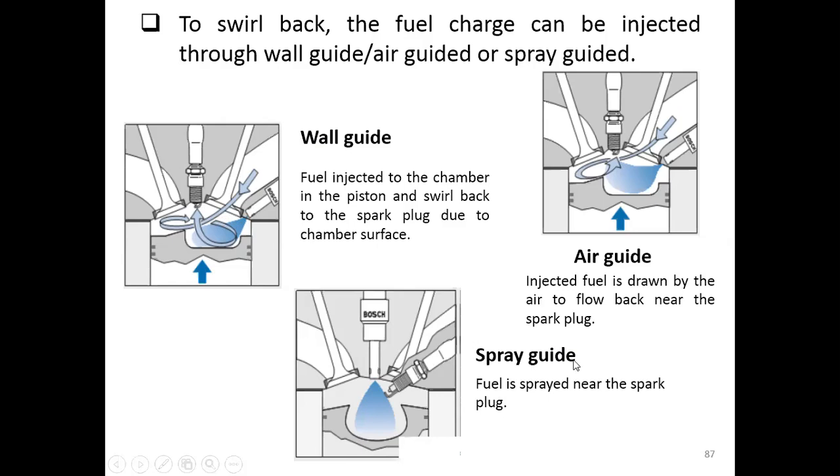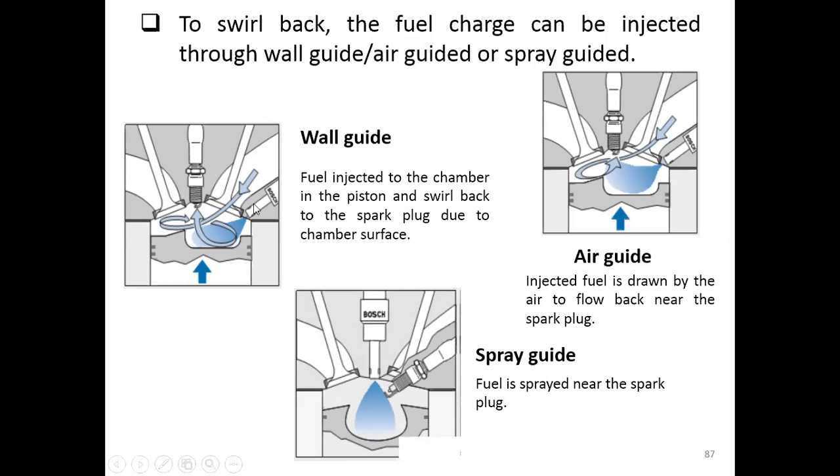The last one is called the spray guide. Here we locate the injector near the spark plug. By the spray of the fuel from the injector itself, it can create the rich mixture near the spark plugs. It's different from these two.